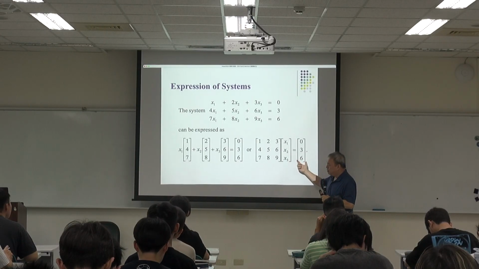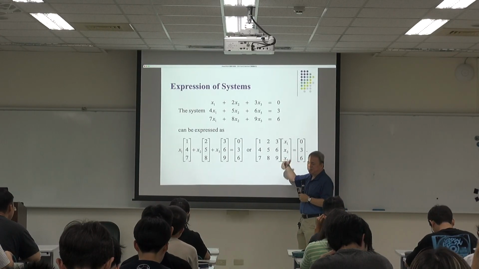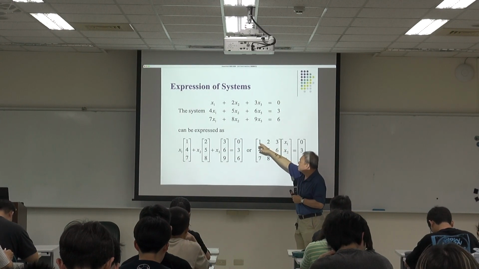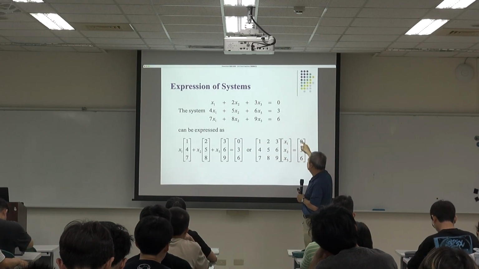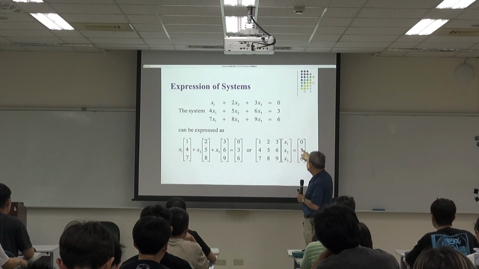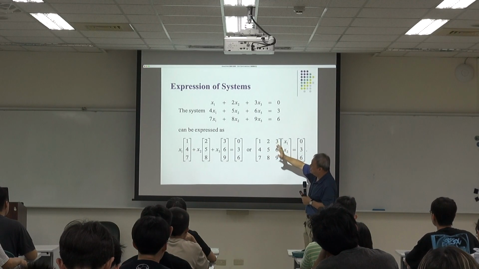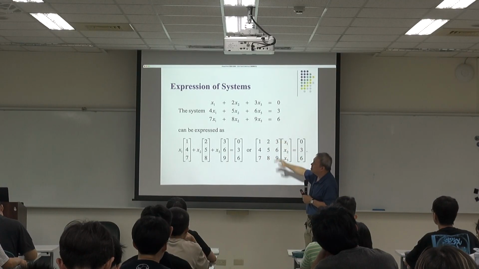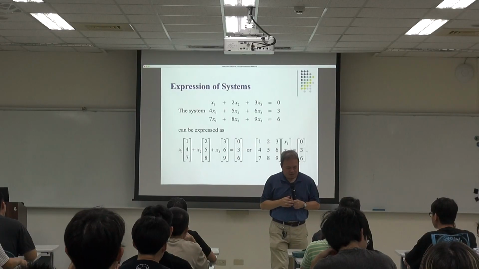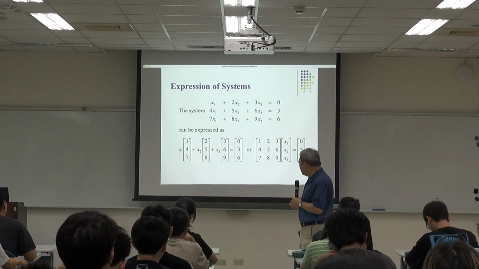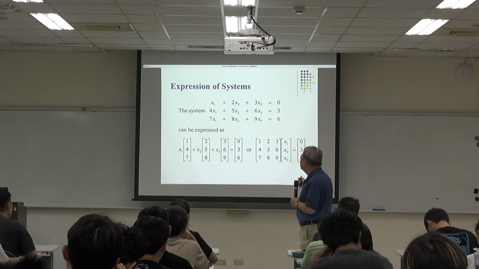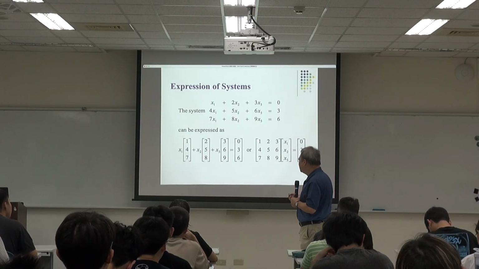Why? Because you multiply using matrix multiplication. This row times this column, you get the first one. The second row times this column, you get the second one, and so on. So it will be equivalent to our system. This represents two views of the system of linear equations.